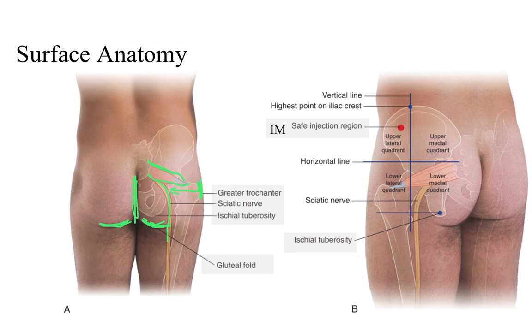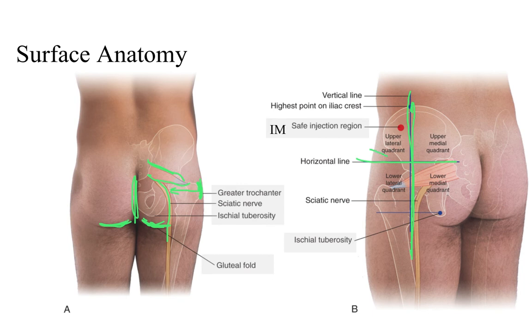Clinically relevant, if you go to the dorsolateral aspect of the leg and thigh, what you can do is divide it into quadrants. So this horizontal line between the ilium and the ischium and the pubis, and then this vertical line that runs from the middle of the iliac crest down to the femur at an angle, divide it into quadrants.